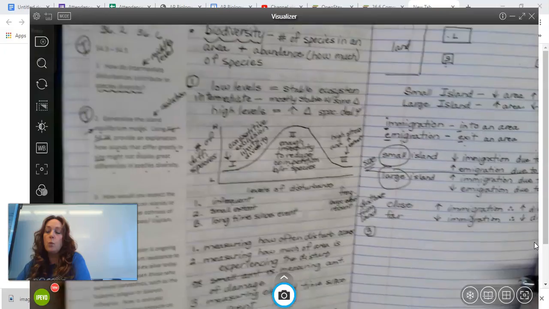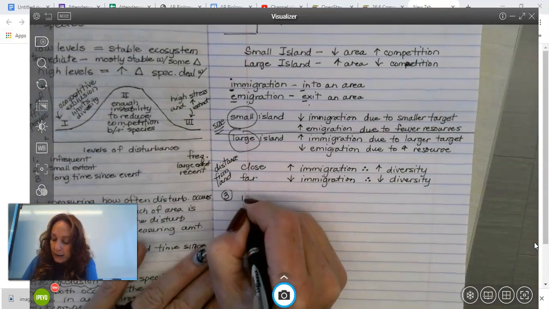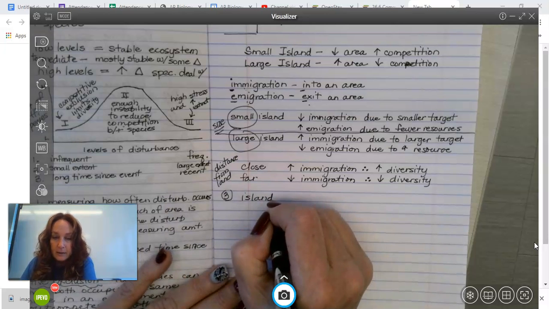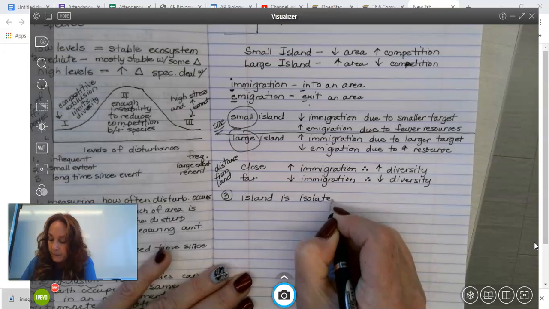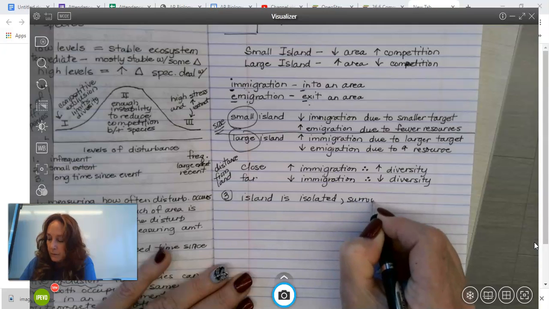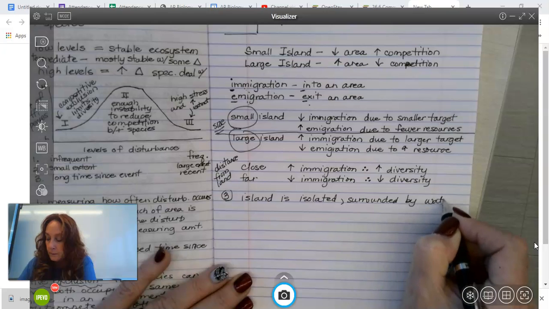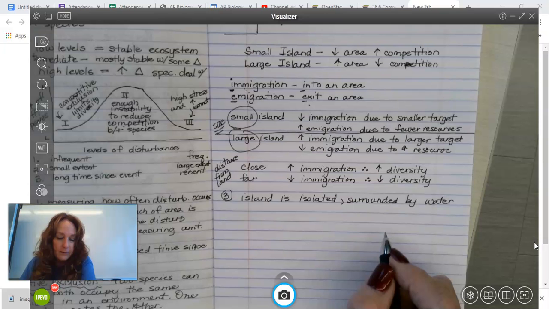So what they're wanting you to speak to is that an island, you're going to think of it as an isolated place, right? And it's going to be surrounded by water. It's going to be a real challenge for snakes and mammals to get there.